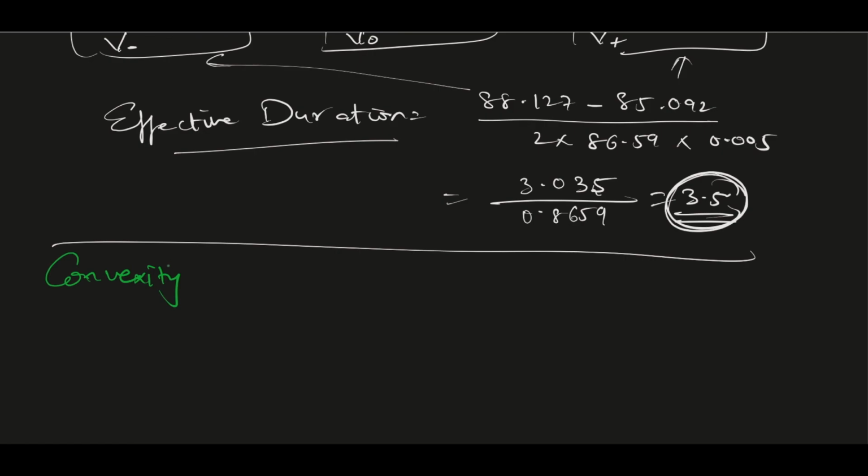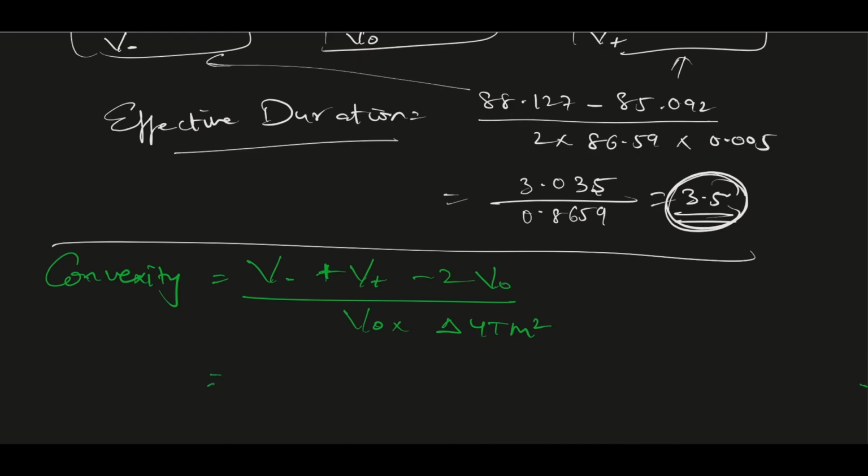Convexity is the curvature of the price because of the change in the interest rate. So the formula is V minus plus V plus, then minus 2V0, divided by V0 into delta YTM square.